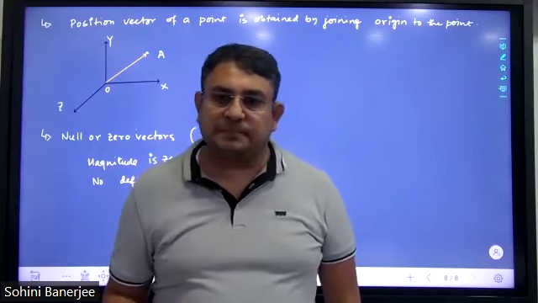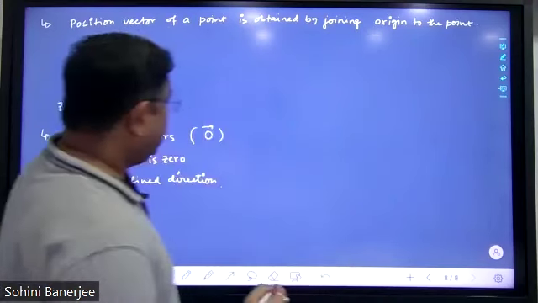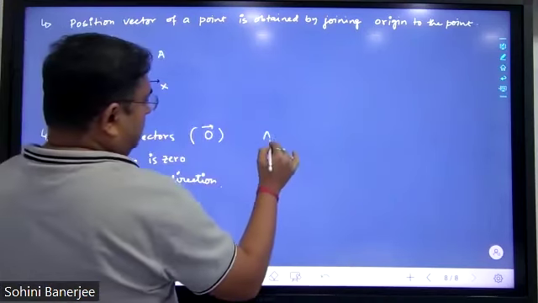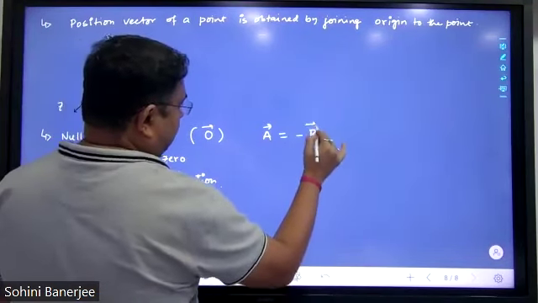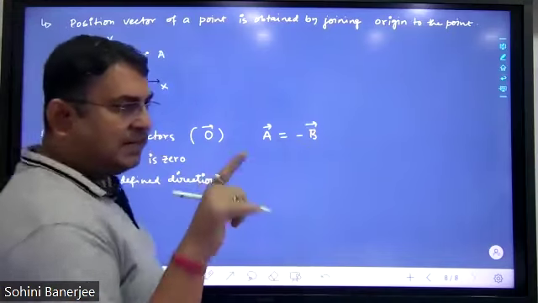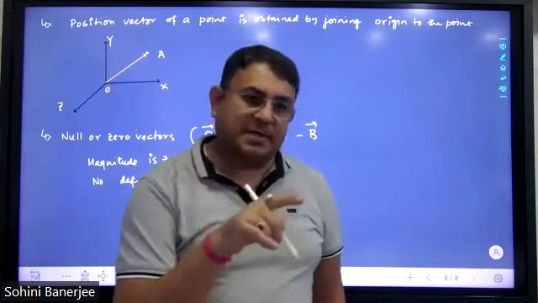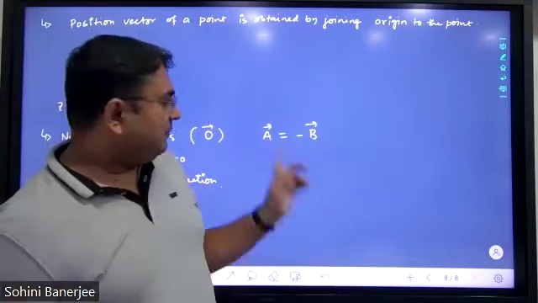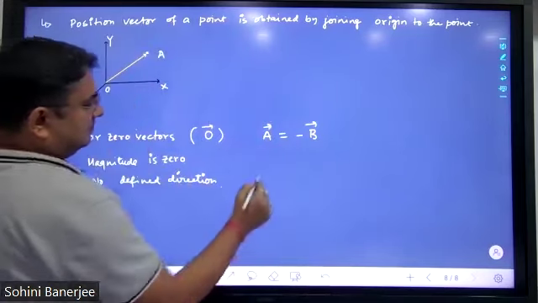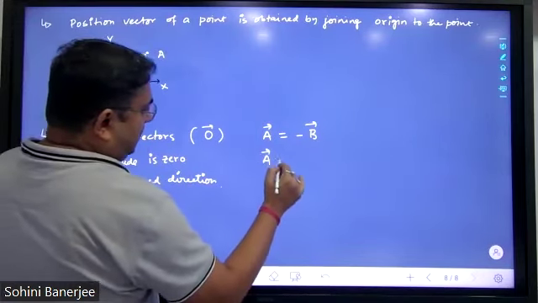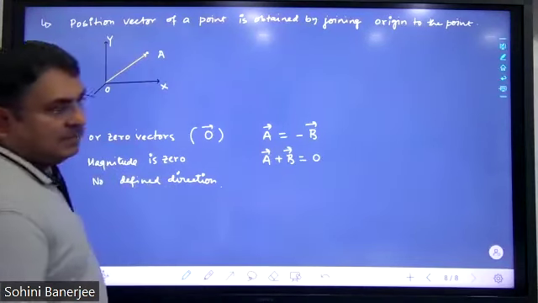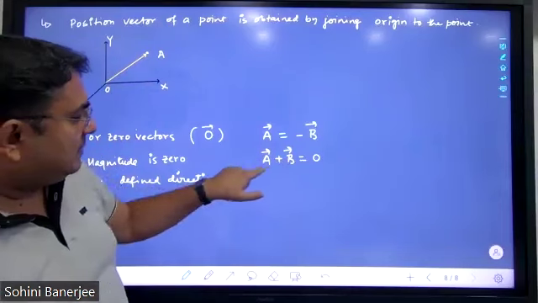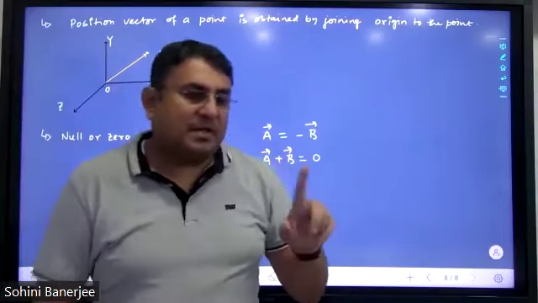Or say you are adding two negative vectors. Say A and B are negative vectors. It means A and B carry the same magnitude, opposite direction. Right? So if you add A and B, what do you get? 0. Now just see, adding two vectors must not give you a scalar.